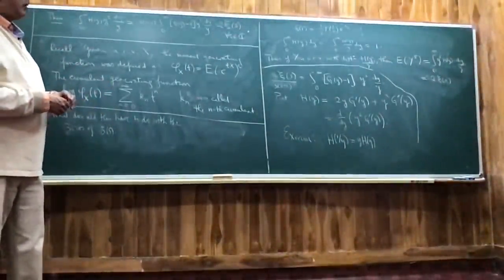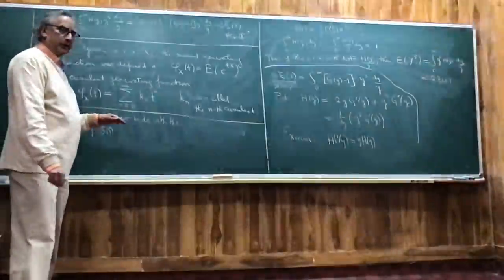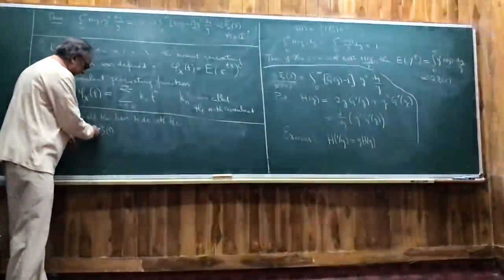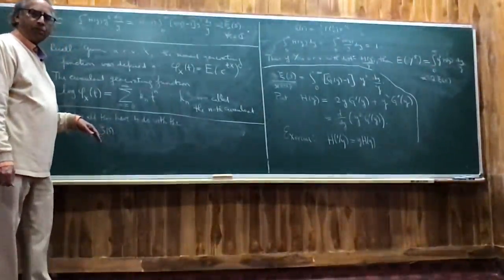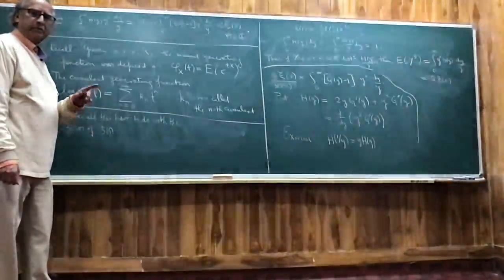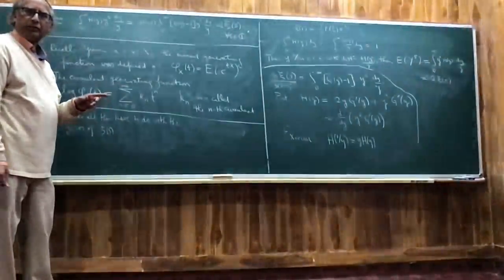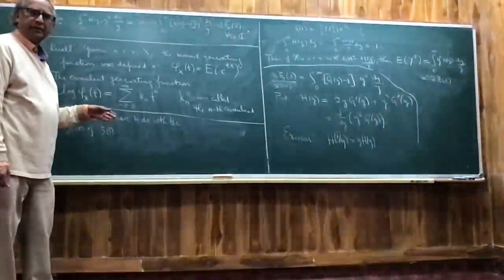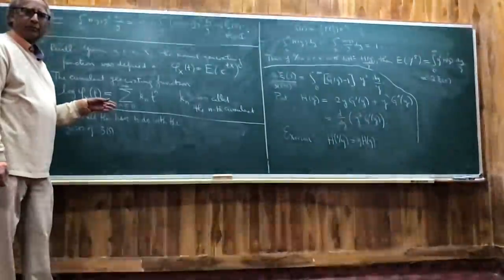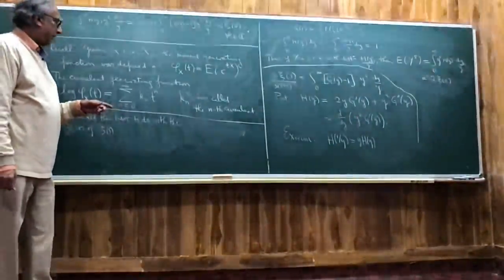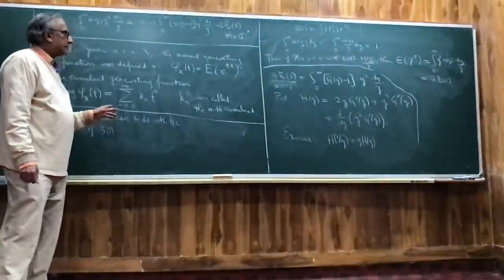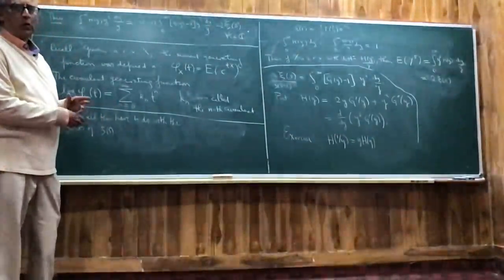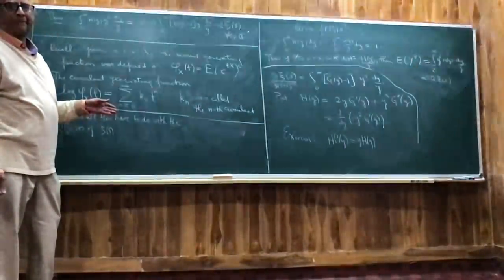Also, you all probably know that the Riemann zeta function has trivial zeros at s equals minus 2, minus 4, dot, dot, dot, right? Is that correct? Yeah. And therefore, the point about xi of s is it has no trivial zeros.